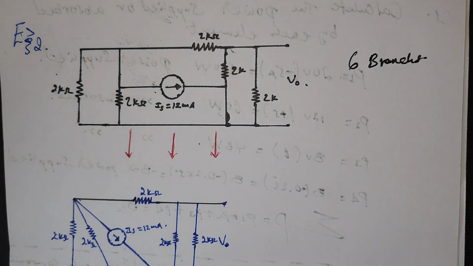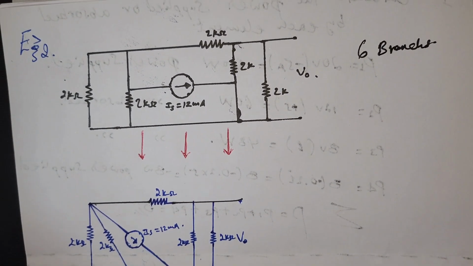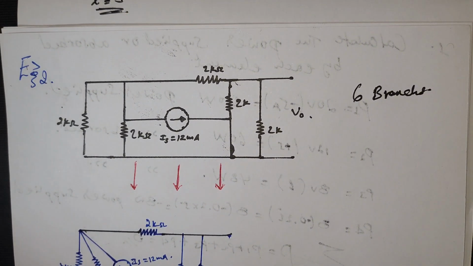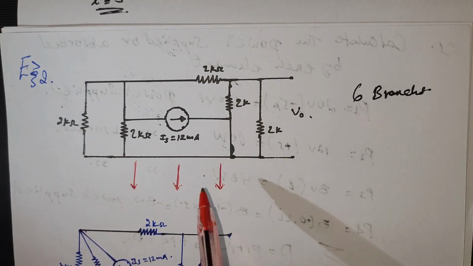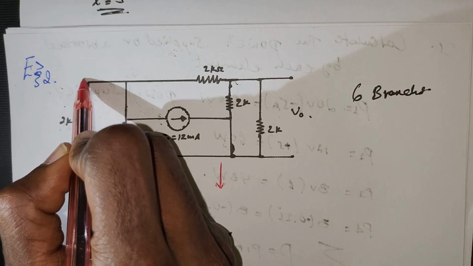To find the nodes, we need to reduce the circuit into simpler forms, uniting junctions into single nodes. For example, we begin from this.